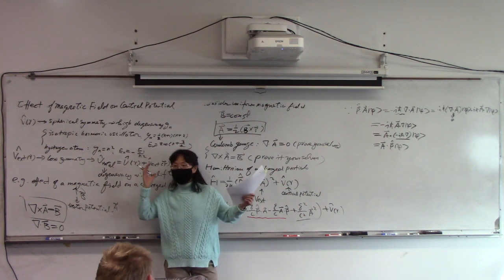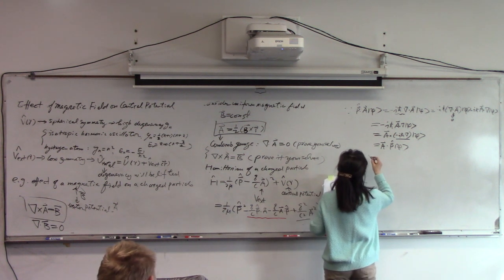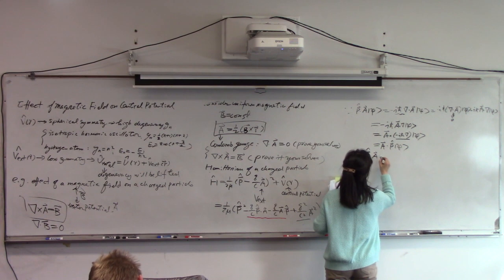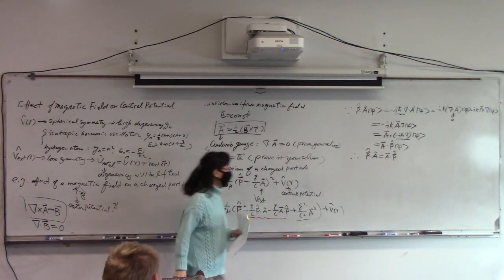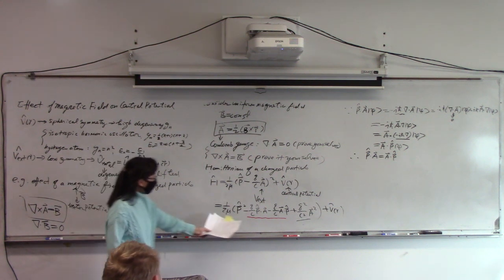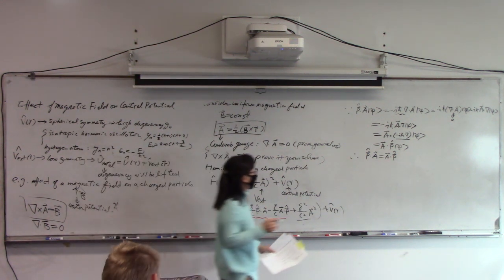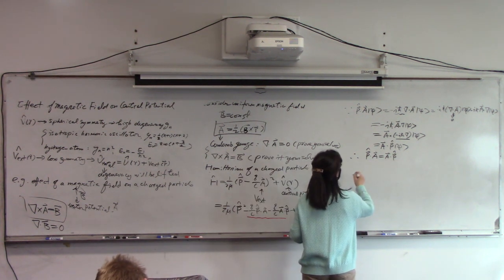So they commute: p inner product A equals A inner product p. Then these two terms can combine together. Otherwise, they cannot.